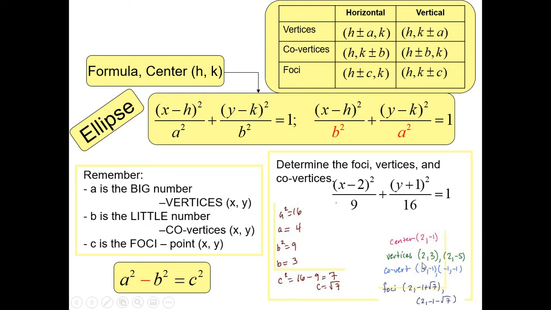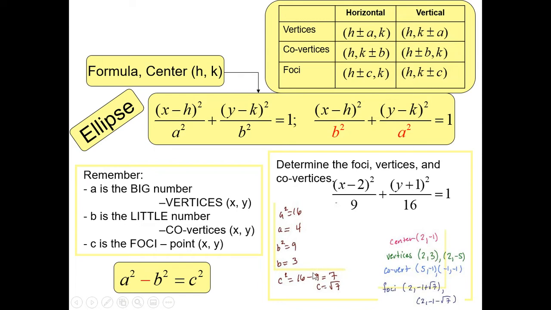My vertices are at, using this equation up here, H, which is 2, plus or minus A, which is 3. I'm sorry, 4.